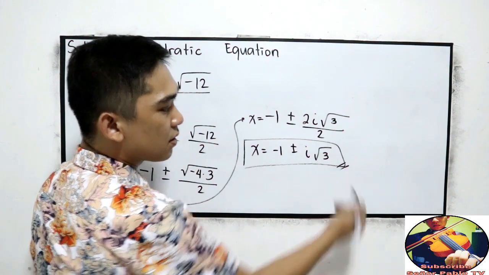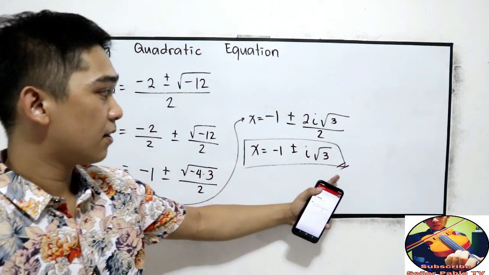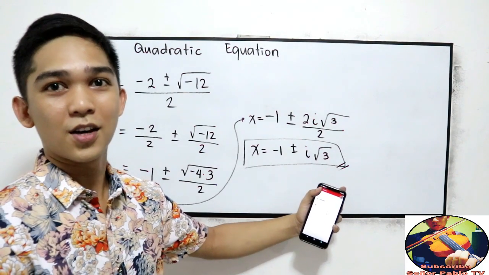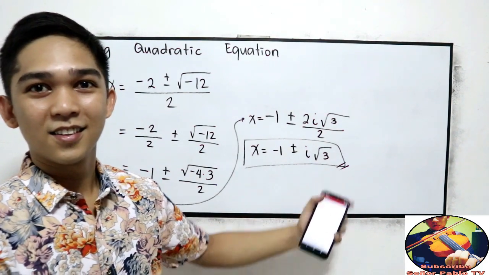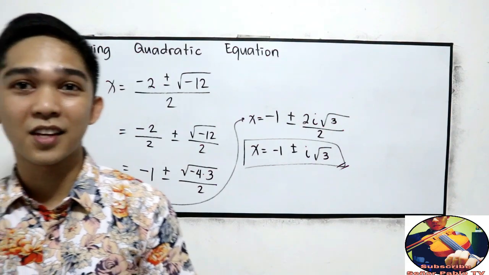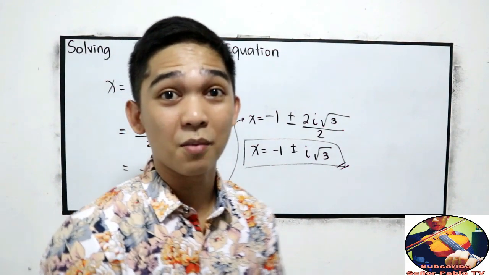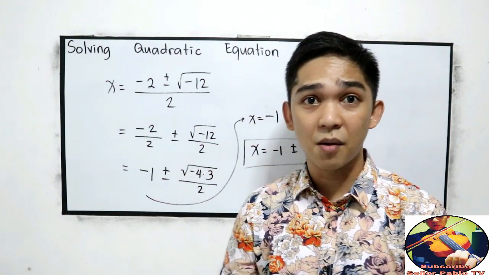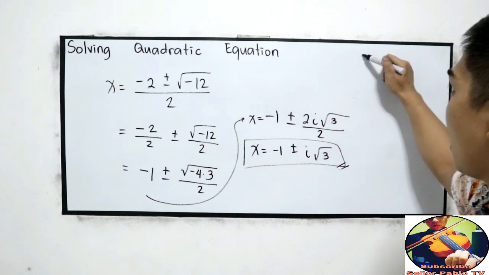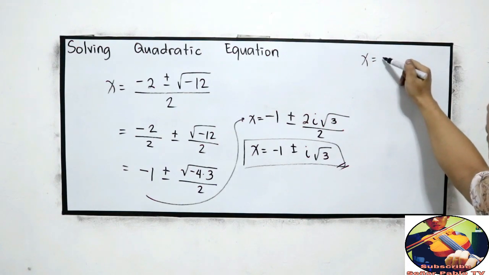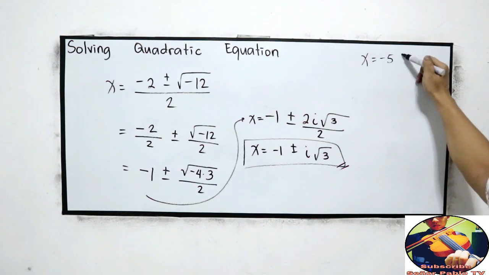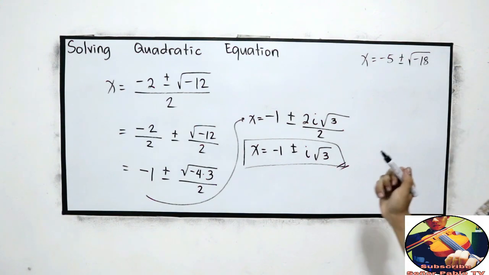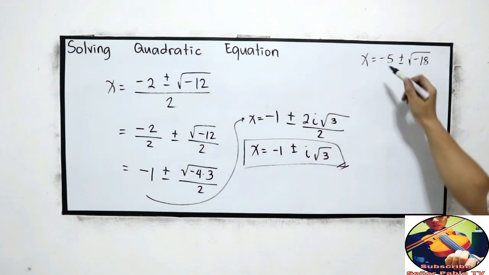Now that is our simplified and final answer. I think this is critical content, the imaginary number. In order for you to master the imaginary number, let's have another example. If you have x is equal to -5 plus minus square root of -18, what will be the final answer?